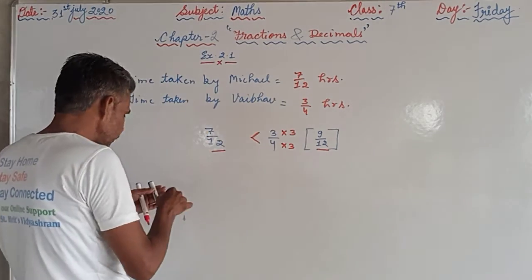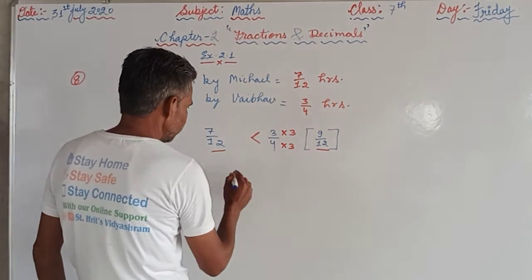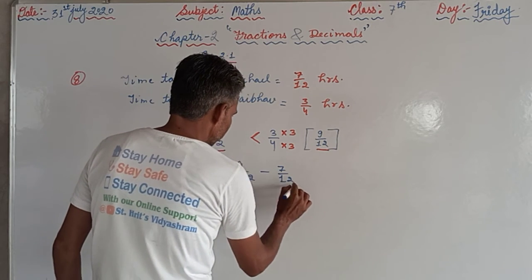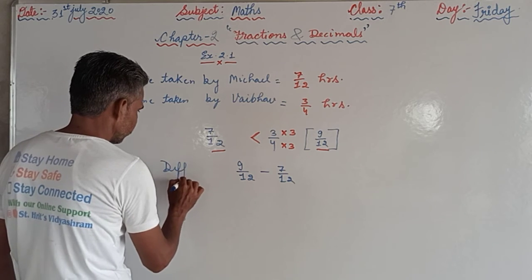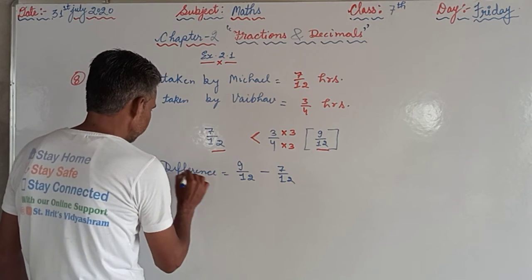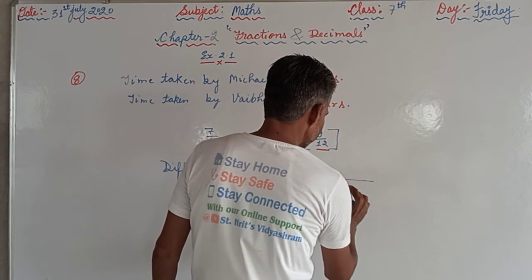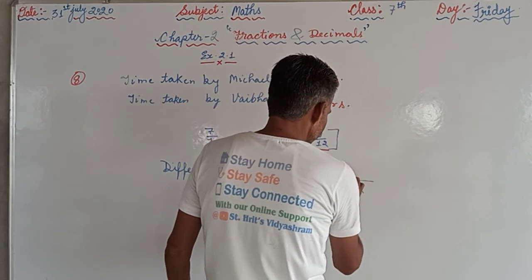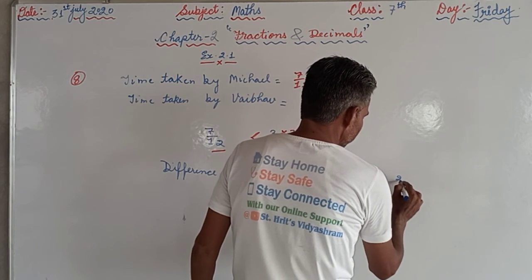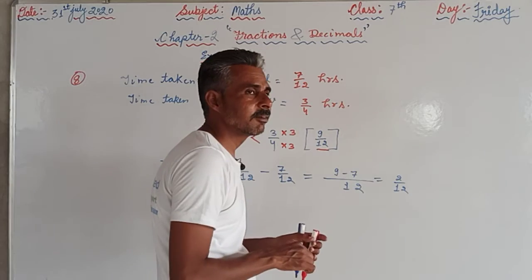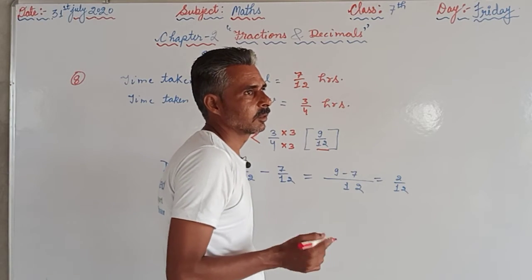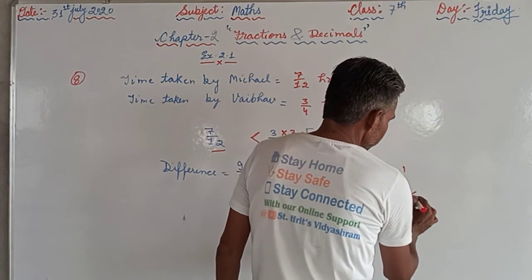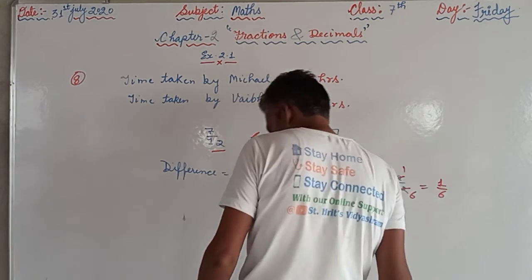Weber took more time. How much? So 3 upon 4 is 9 upon 12 minus 7 upon 12. The difference is like this. So these are like fractions. Already we have written the equivalent one. So we will subtract the numerators only. So 9 minus 7, that is 2 upon 12. 2 upon 12 is not in the lowest form, so we will reduce it to the lowest form. 2 ones are 2, 2 sixes are 12, means 1 upon 6.